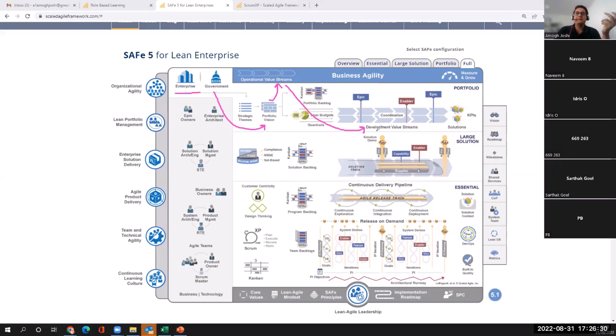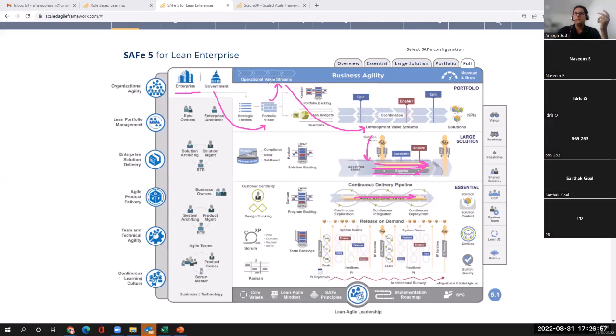Now, if the reservation system is developed by multiple trains, for example, one train for the reservation system through the website, one with travel agents, one with the mobile app, then it is a solution train. Within that, they have multiple trains, one train for the website, etc.